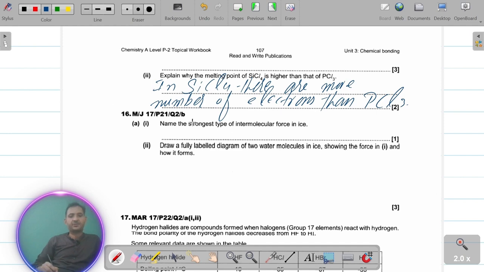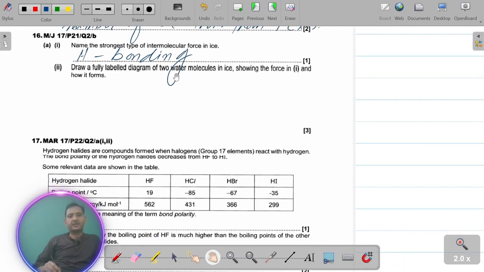Name the strongest type of intermolecular force in ice. Hydrogen bonding. Next, draw a fully labeled diagram of water molecules in ice showing the forces.